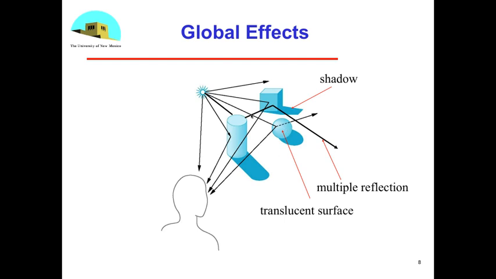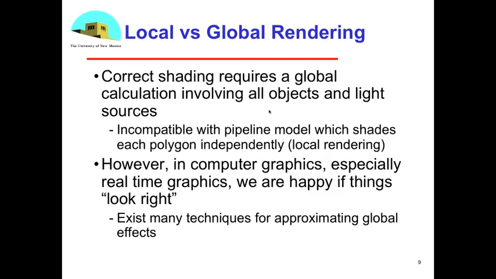But these are all kind of global effects, because to compute pretty much everything I just talked about, you need to have all the objects around to do that, and you can't just independently say, I'm going to process this cylinder and be done with it, and then now I'm going to process this cube and I'll be done with that. Can't do that for the really physically based renderings.